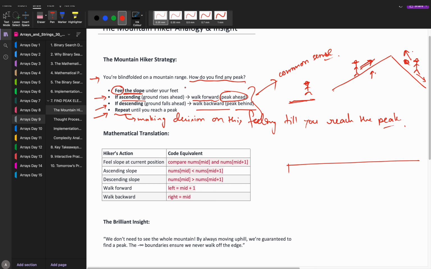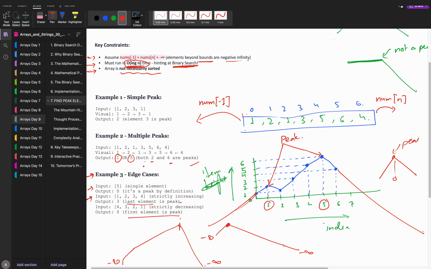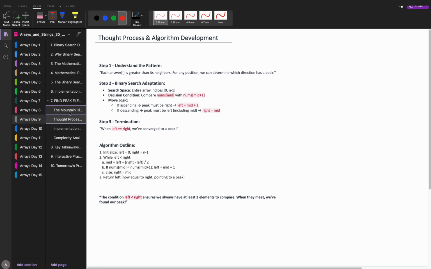Obviously, this is for your visualization. The data is gonna be in this format: 1 2 1 3 5 6 4. So obviously you can't just start from the very beginning and do things linearly. That won't work, especially since the concept is saying O(log n) is what they're seeking. So what will you do now?